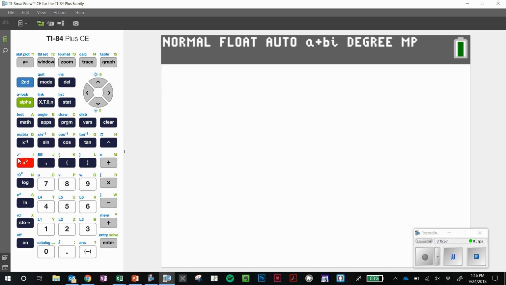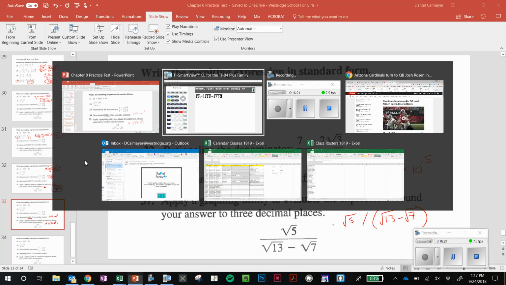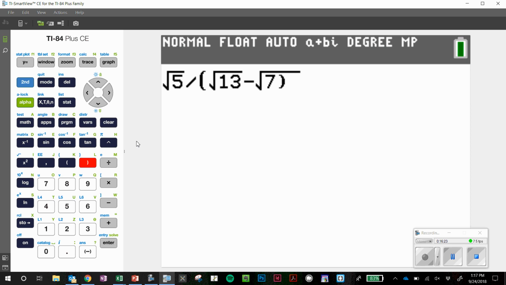Second, square root of 5, and I'm going to move over, divided by, in parentheses, the square root of 13. That over, minus the square root of 7. I believe that is the problem. What do we got here? 5, 13 minus 7. So there we go. Hit enter.